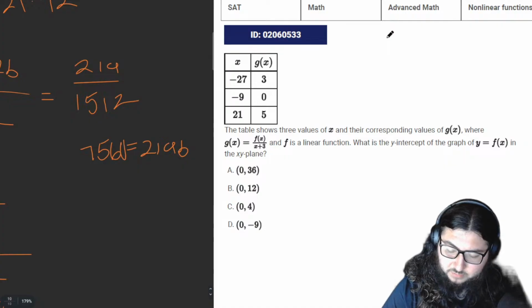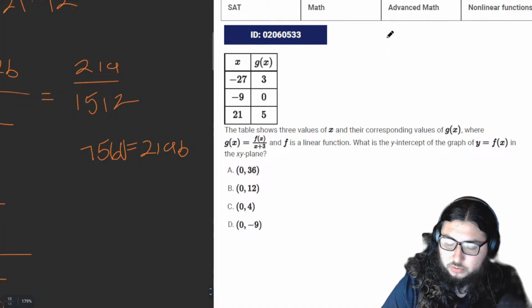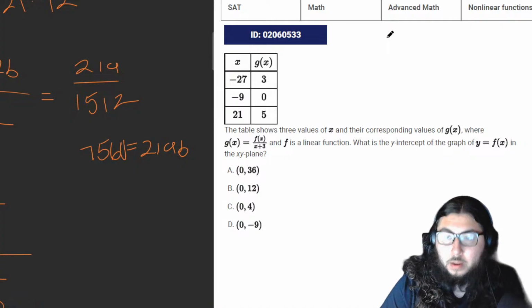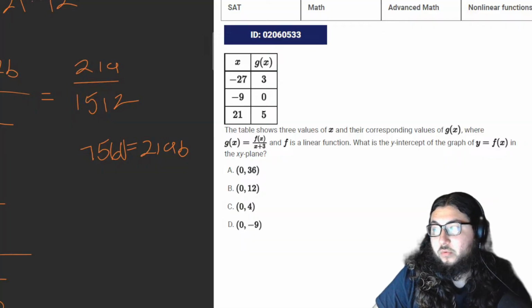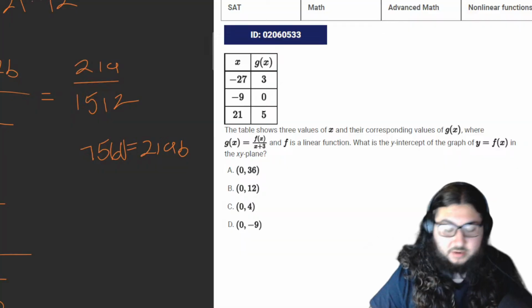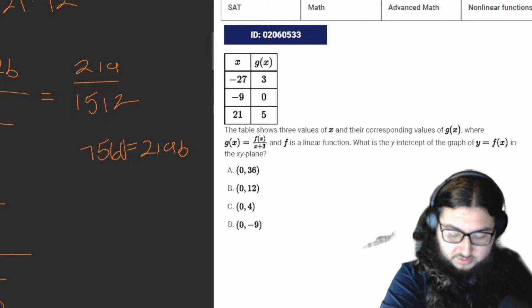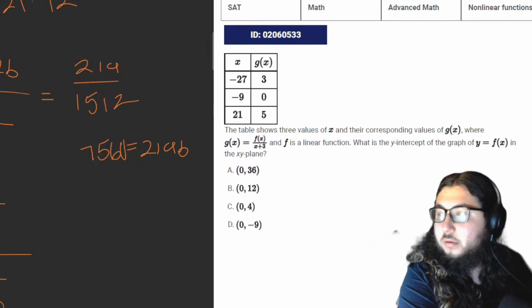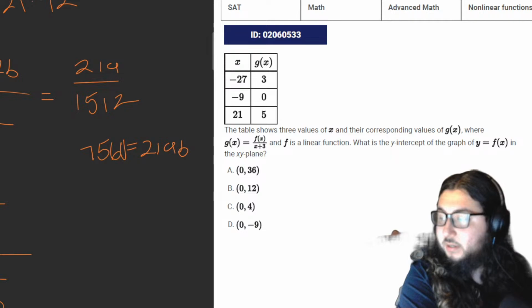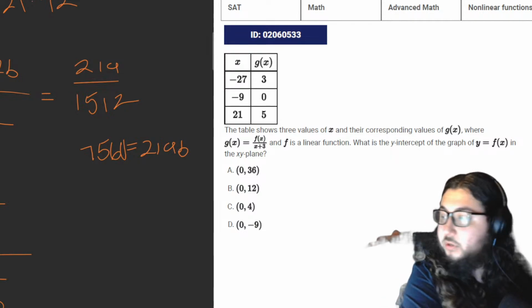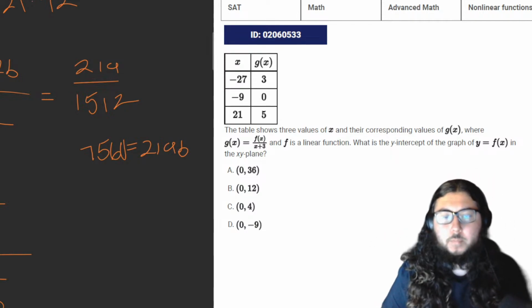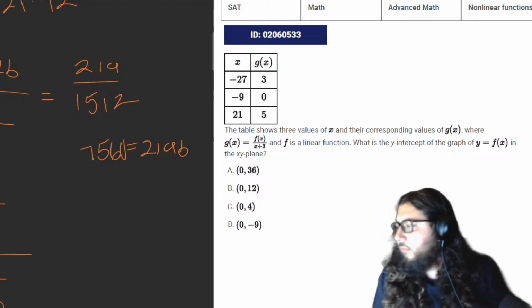Sorry, 7,560 is equal to 219b. And if everything is correct, which I'm starting to doubt, but let's see. 7,560 divided by 219. Yeah, that's not quite right.